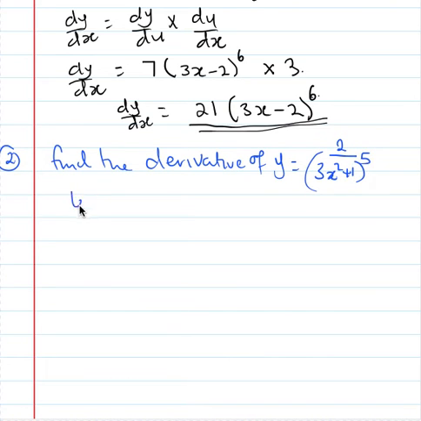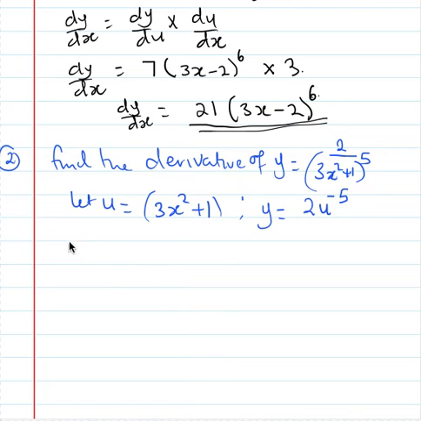Like we said, you let u be the bigger expression, so u is 3x squared plus 1, meaning that our y will be 2u to the power of negative 5. Remember, we have to apply the rules of indices like you had them before in that chapter of indices.